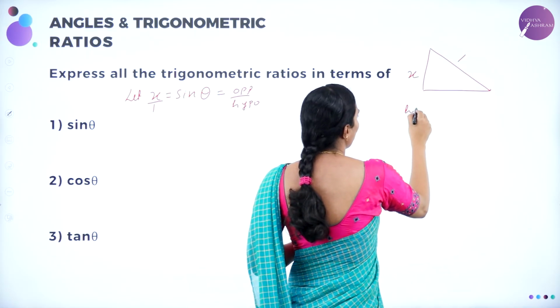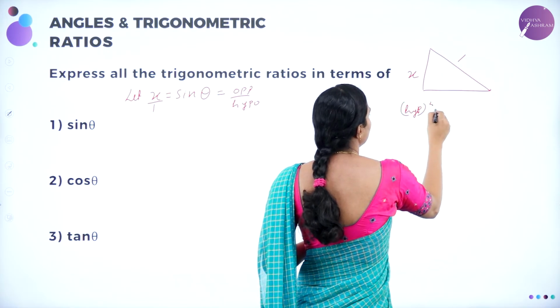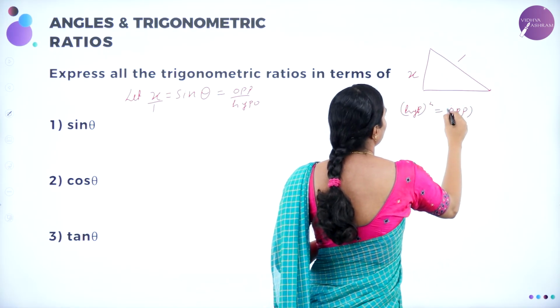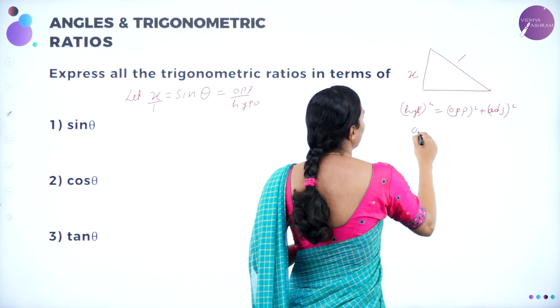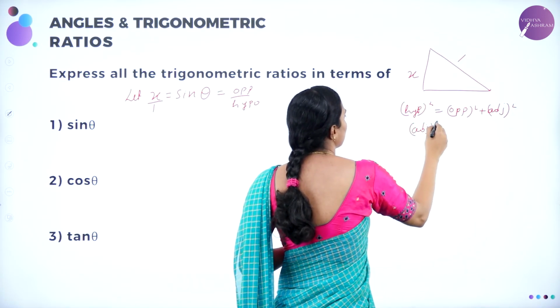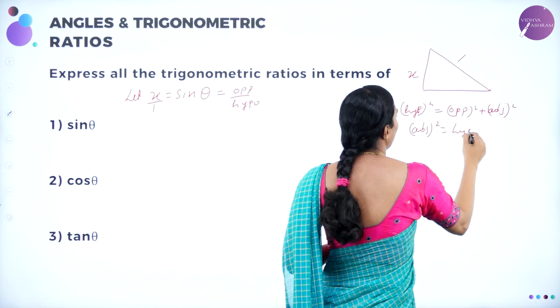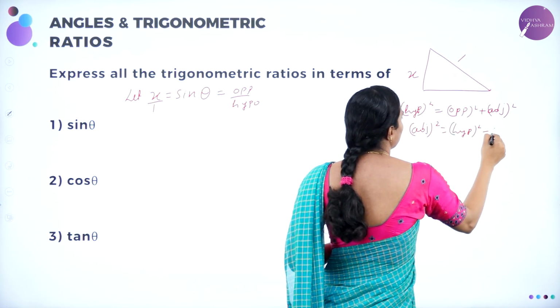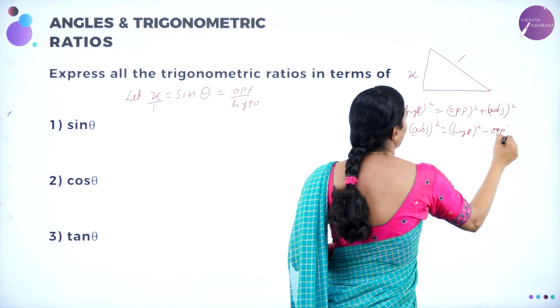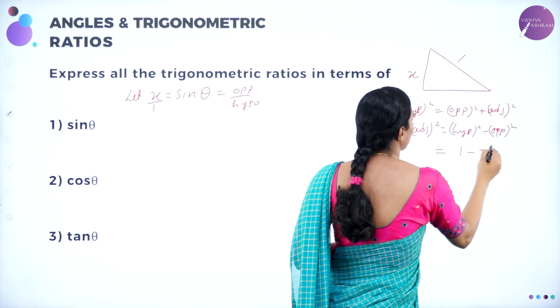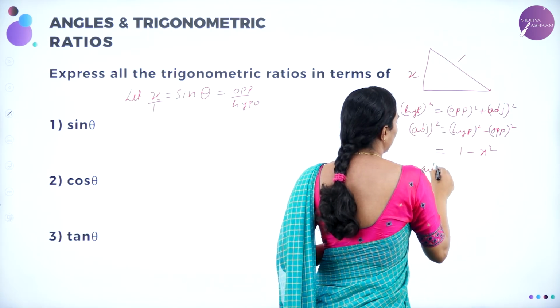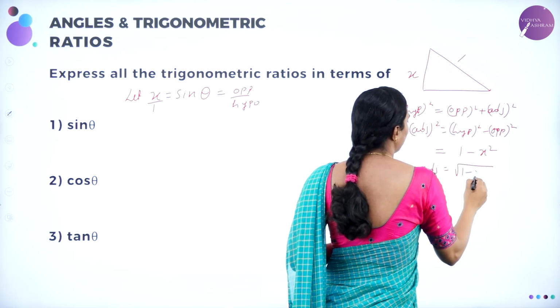Hypotenuse squared is equal to opposite squared plus adjacent squared. So adjacent squared is hypotenuse squared minus opposite squared, which is 1 minus x squared. Adjacent is nothing but the square root of 1 minus x squared.